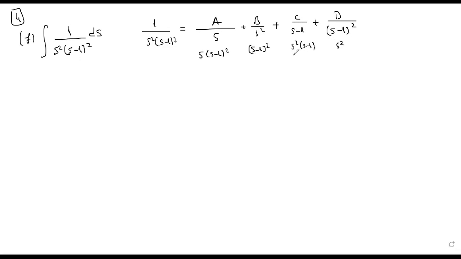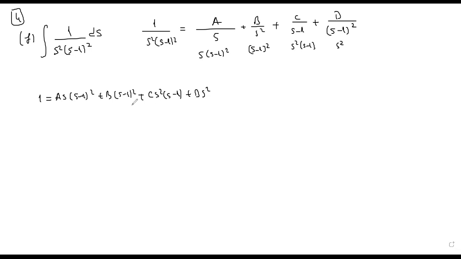If you do that, you will get 1 equals a times s minus 1 squared plus b times s minus 1 squared plus c times s squared times s minus 1 plus d times s squared.